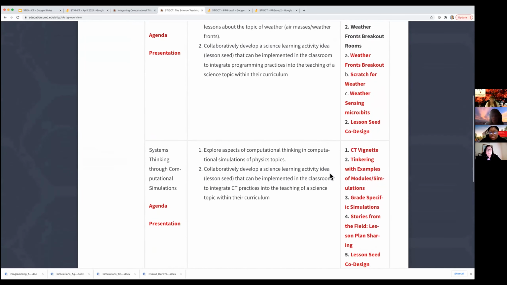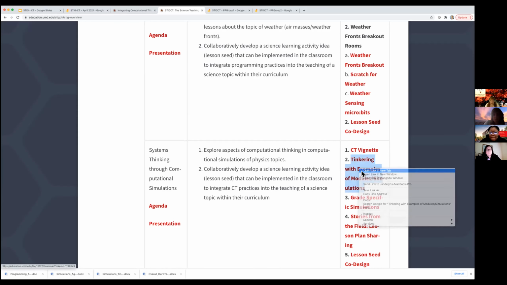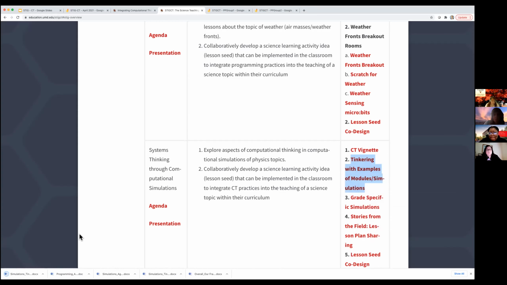But let me just give you an example of, let's do models and simulations. And if that opens, I'm going to open in a new tab so that Oh, that's the doc, sorry.